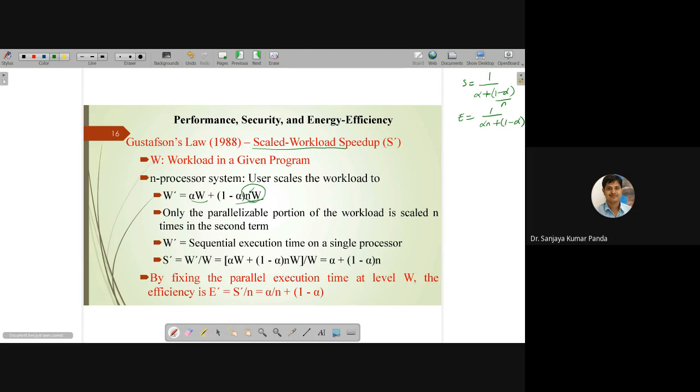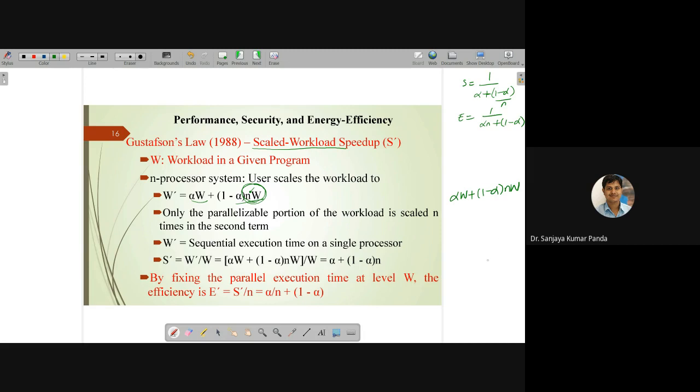The workload of each system is W, so if I am taking n different systems into consideration, then it is nW. That's why it is multiplied n times. On a single processor, the sequential execution time is alpha W plus 1 minus alpha nW.